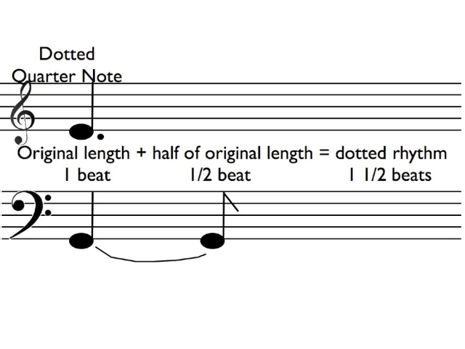Now ties can also happen in areas that dotted rhythms don't fit. What I mean by that is, if you for some reason wanted to tie, let's say, a whole note and a quarter note, that wouldn't fit into this formula of original length and half of the original length for a dotted rhythm.